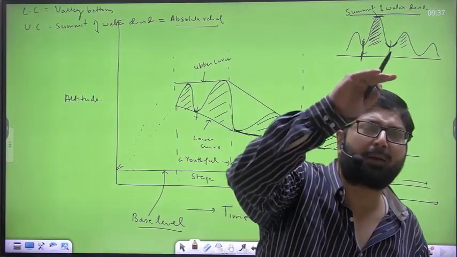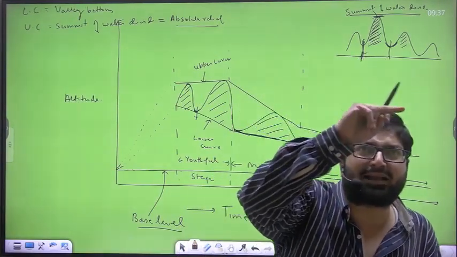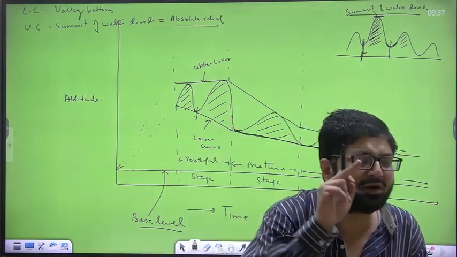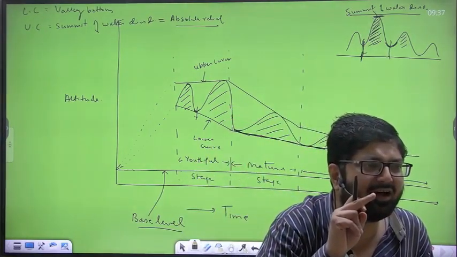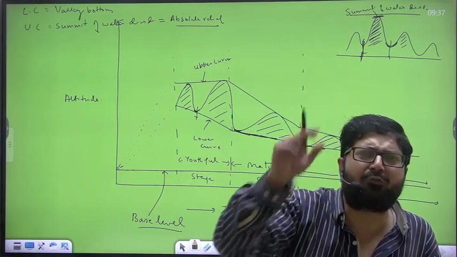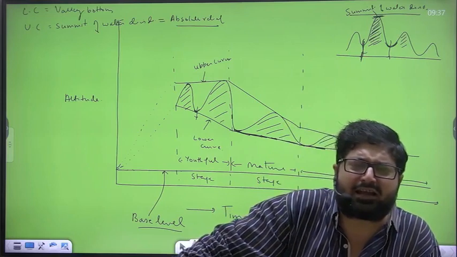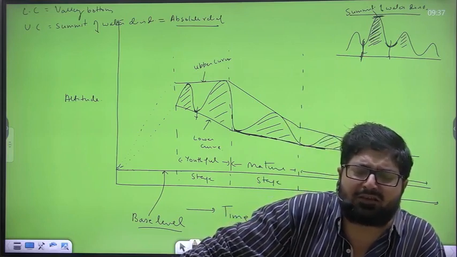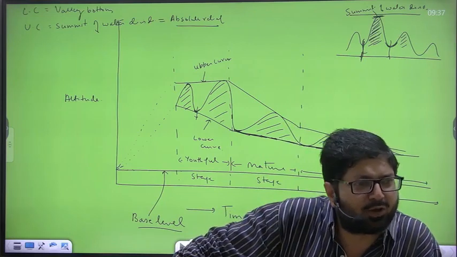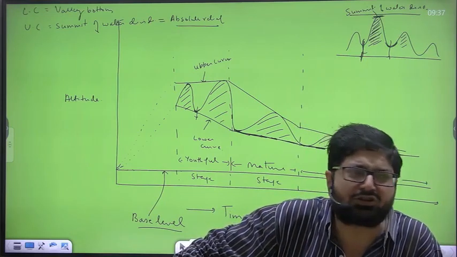The upper curve is joining what? It is connecting summits, that is peaks of water divide. What does it indicate? Absolute relief. Height of Mount Everest is 8,848 meters from mean sea level, AMSL, above mean sea level. You can only calculate it, you cannot see it.